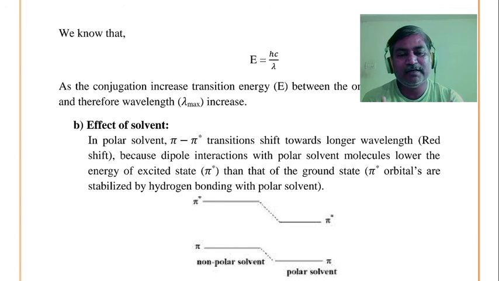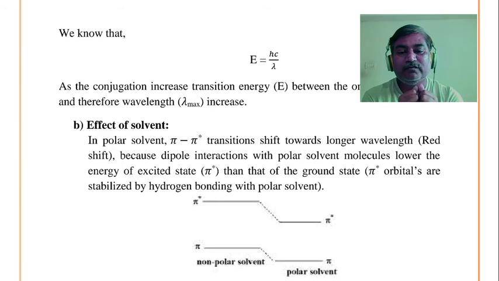In short, again I will repeat, whenever we are going to use polar solvent system, due to polar solvent system, in the molecule hydrogen bonding is developed, and as the hydrogen bonding is developed between organic molecule and polar solvent system, the bonding between molecule and polar solvent system becomes strong.